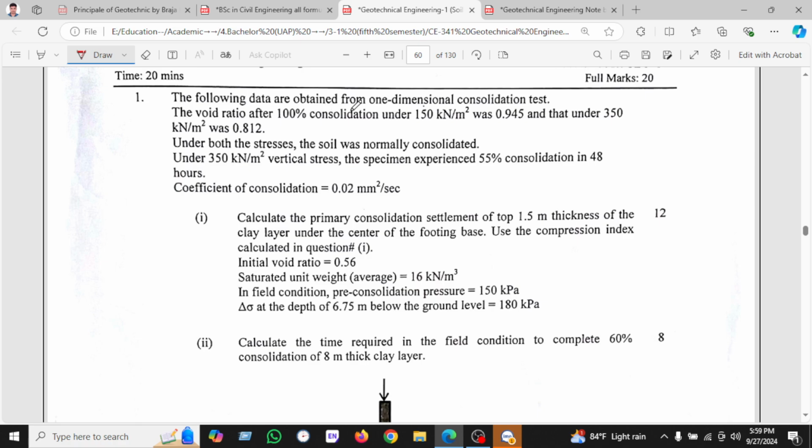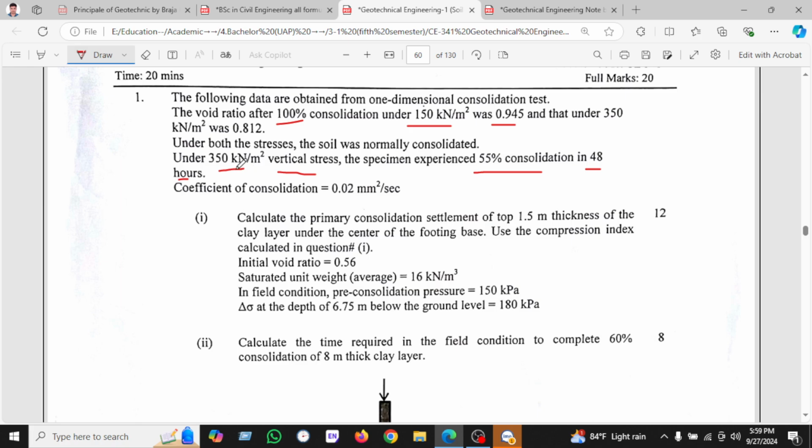The following data are obtained from a one-dimensional consolidation test: the void ratio after 100% consolidation under 150 kilonewton per meter square was 0.94, and under 350 kilonewton it was 0.818. Under both stress conditions the soil is normally consolidated. Under 350 kilonewton vertical stress it experiences 55% consolidation in 48 hours.